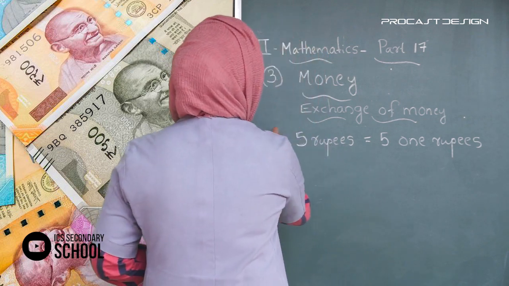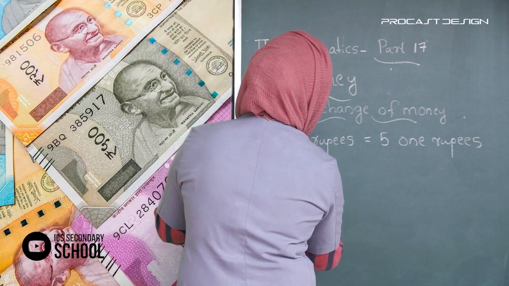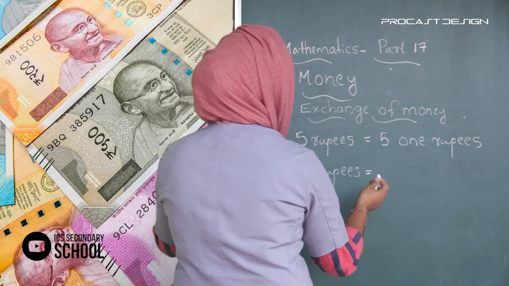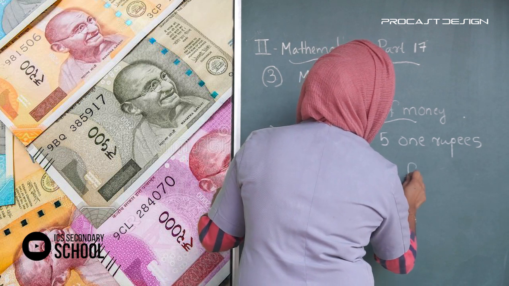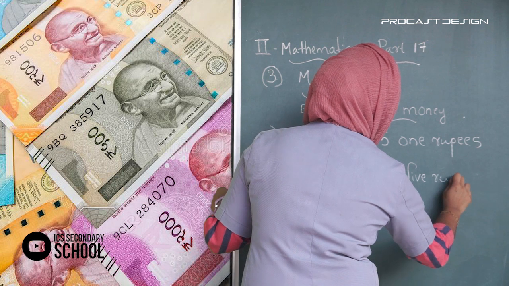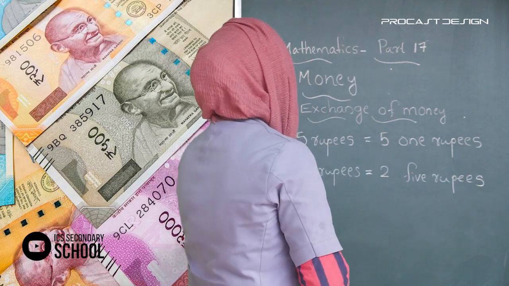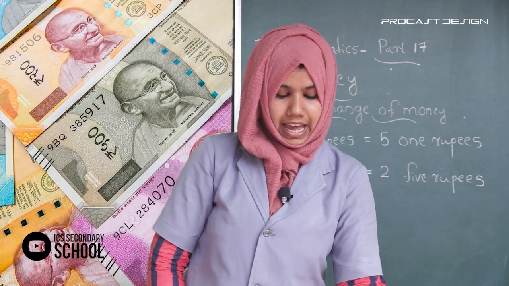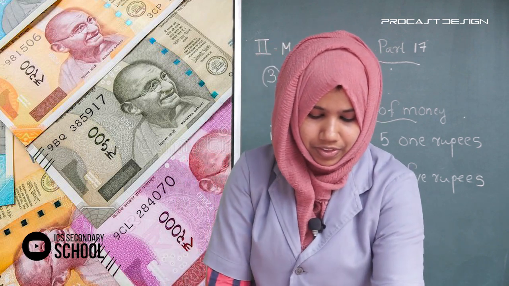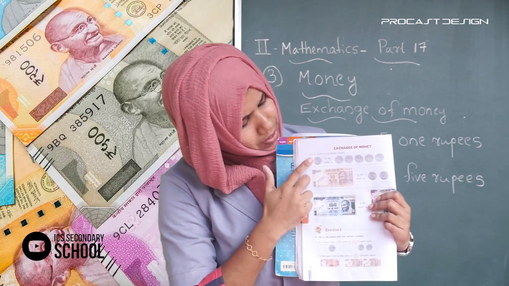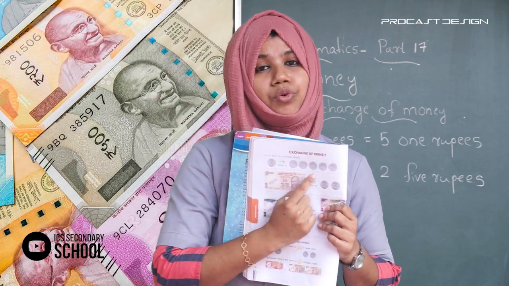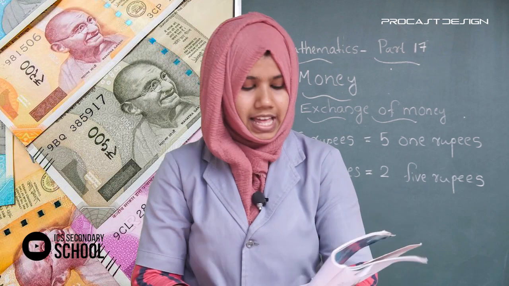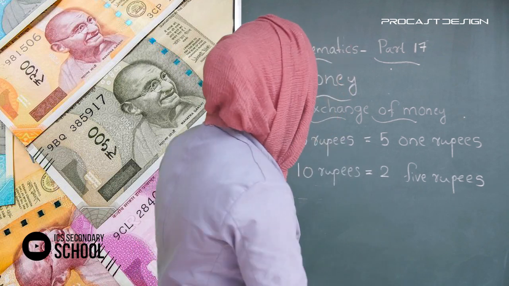So 10 rupees is the same as 2 5 rupees. On page number 58, exchange of money, you can see the 5 rupees coin is the same as 5 1 rupees coins, and the second is the 10 rupees coin, same as 2 5 rupees, and the third one is 100 rupees.